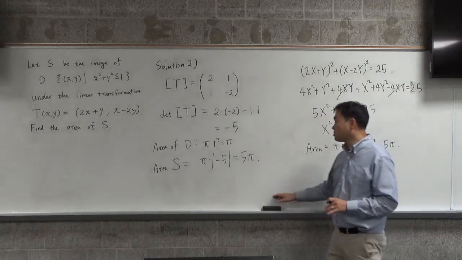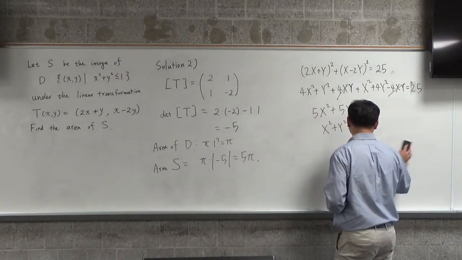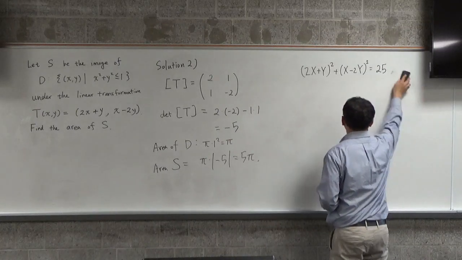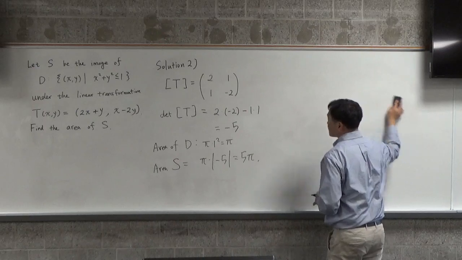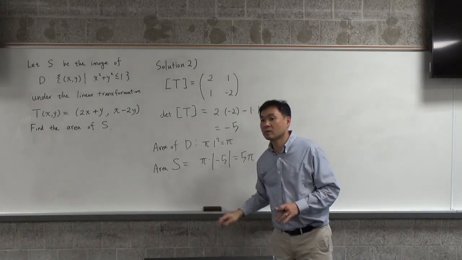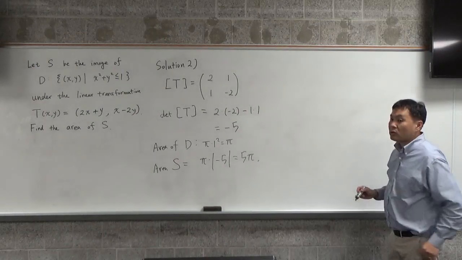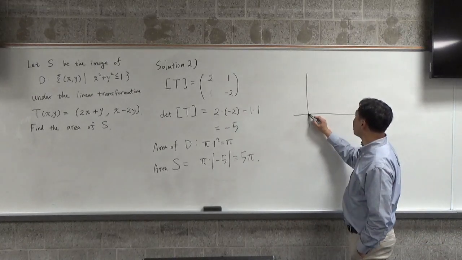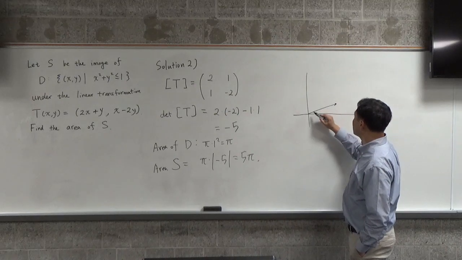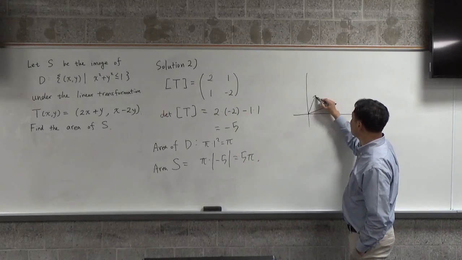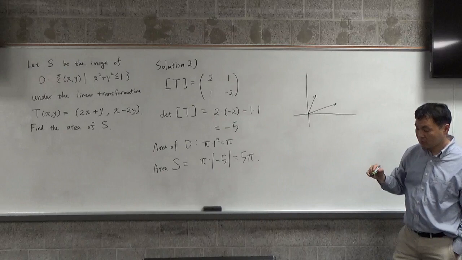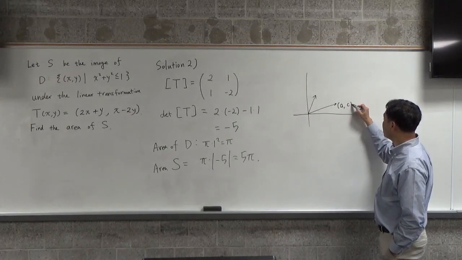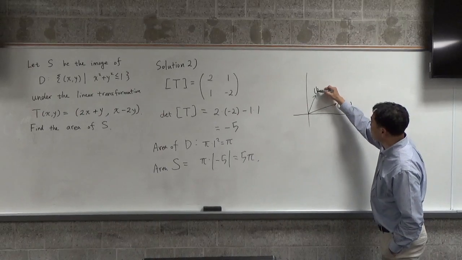Now, let me just add a little bit more. Suppose you have vector AC and then BD.